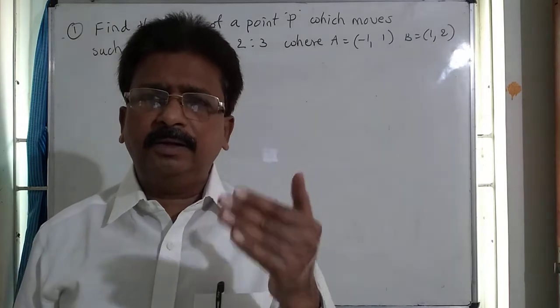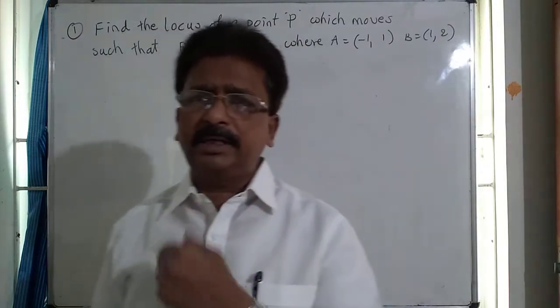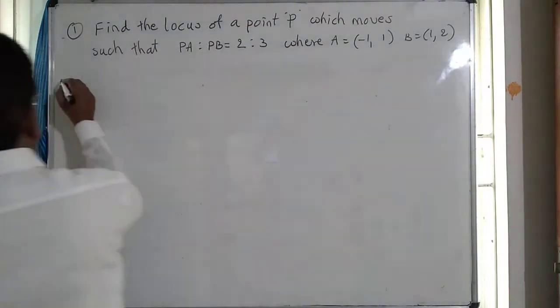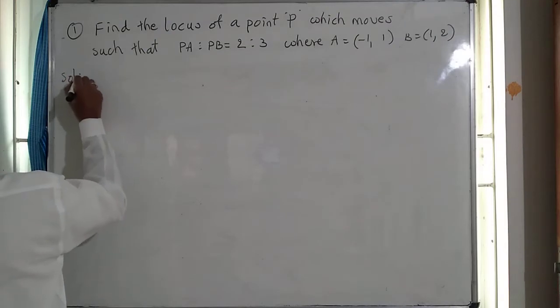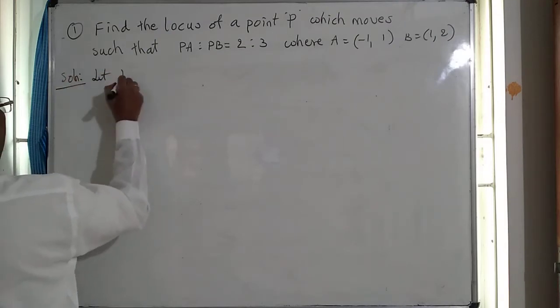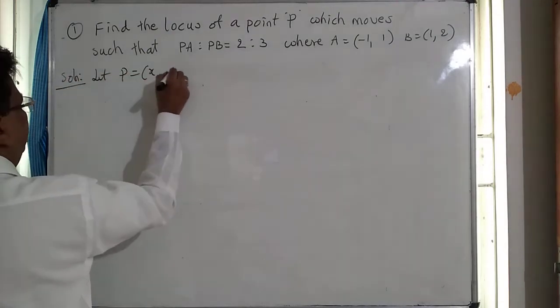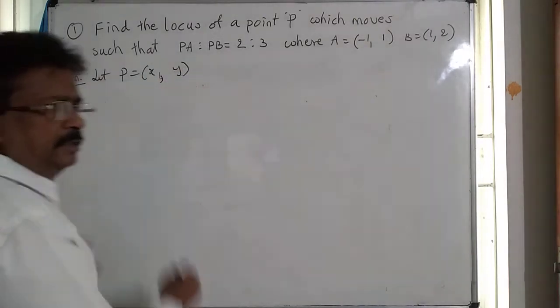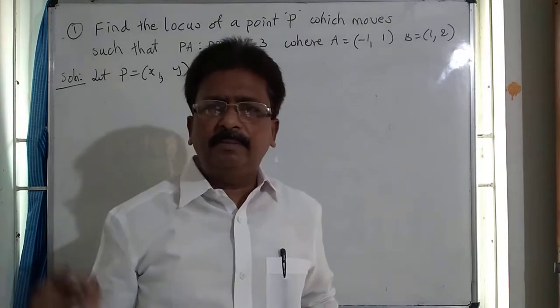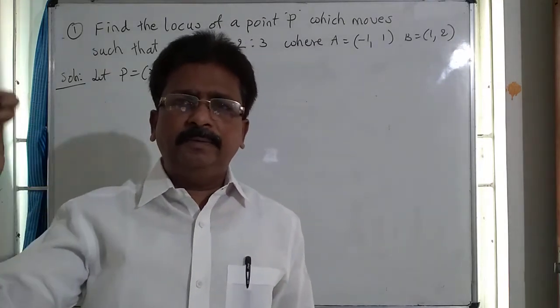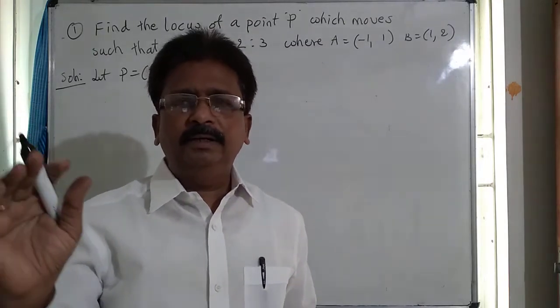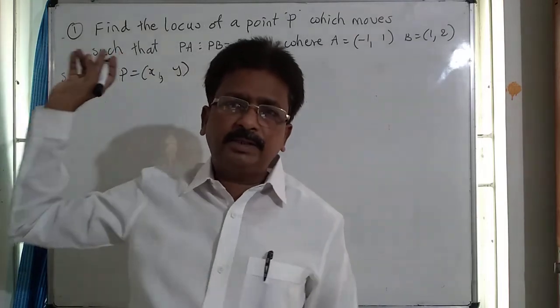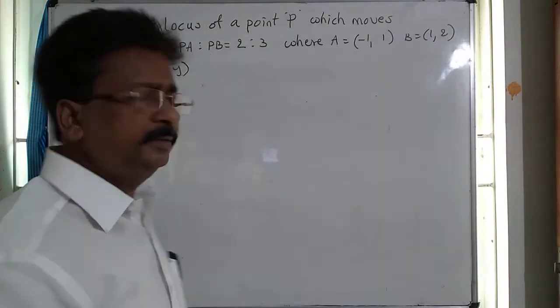So let us introduce the point P as (x, y). P is equal to (x, y), because P is the moving point, x is variable and y is also variable. Now the given condition PA is to PB, let us write the condition.